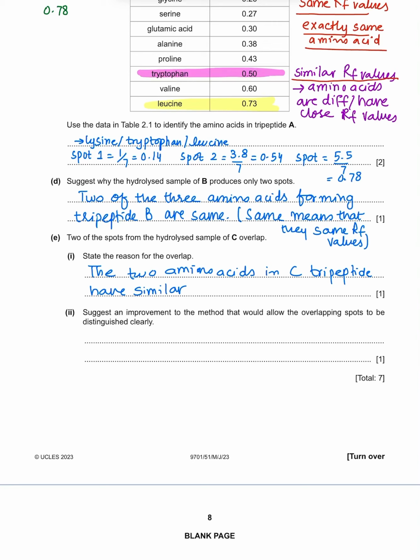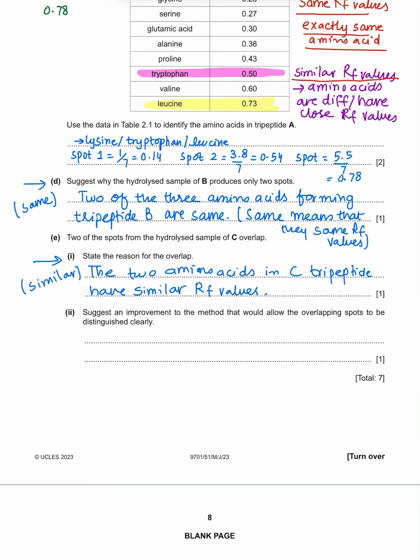Similar means that they are very close, right? So this leads to overlapping. So the point of similar is to be used here, and the point of same is to be used here. You have same amino acids here, which means same RF value, and you have different amino acids here, but they have similar or closer RF values.